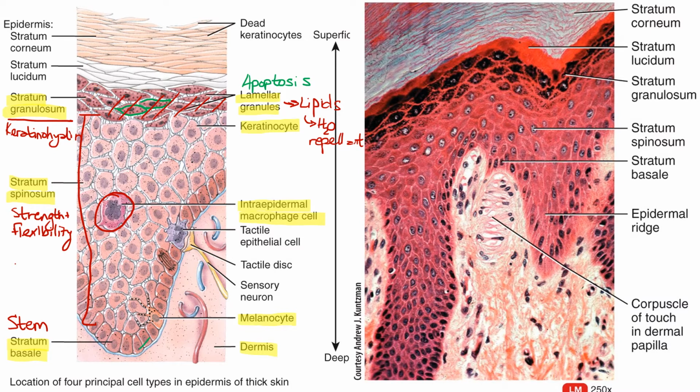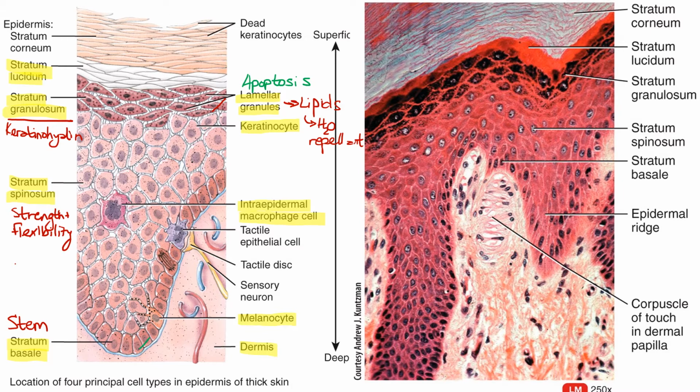Okay, so we have two more layers to discuss briefly. Next we have the stratum lucidum. Remember, this layer is only going to be present in thick skin, and it consists of about 4 to 6 layers of flattened, clear, dead keratinocytes.